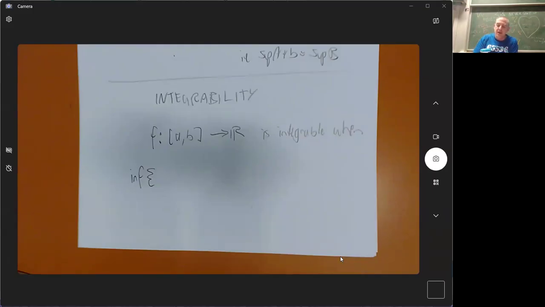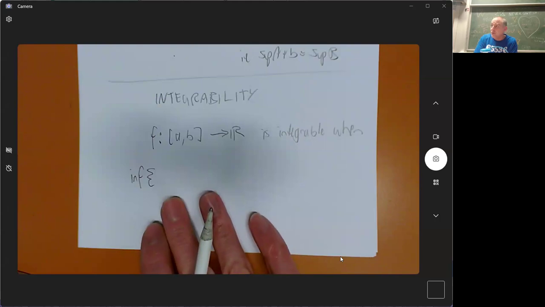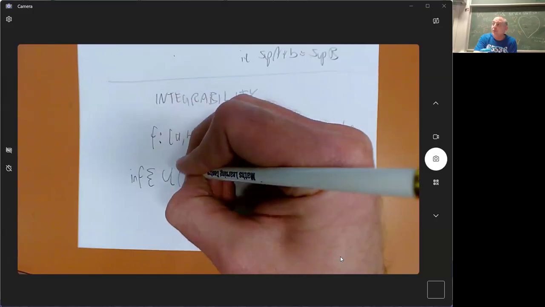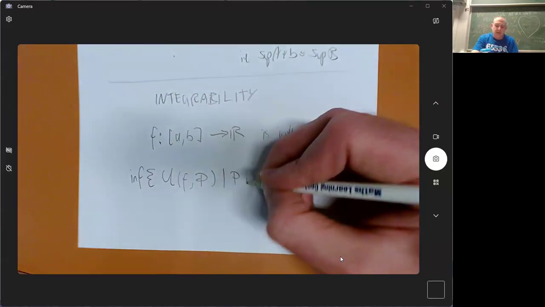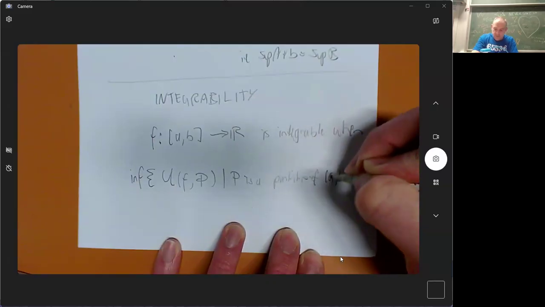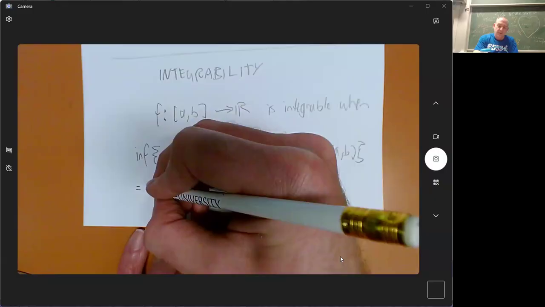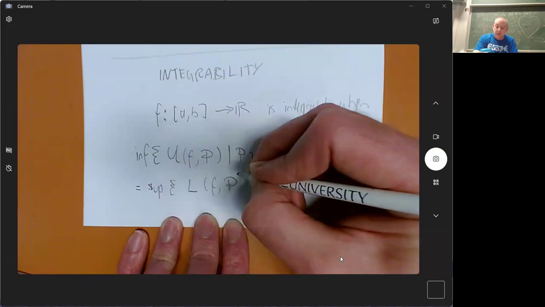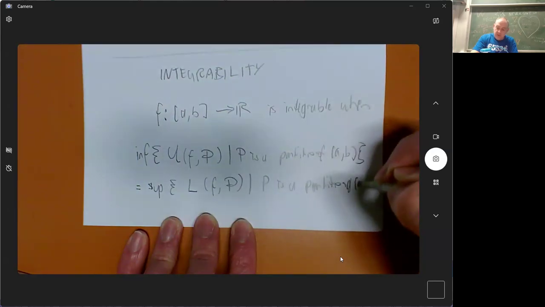You're saying that we need to make the set of all of the upper sums, U(F,P), for all the partitions P of [a,b], is the same as the supremum of the lower sums, for P a partition of [a,b].